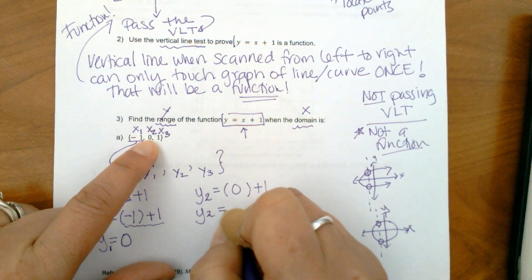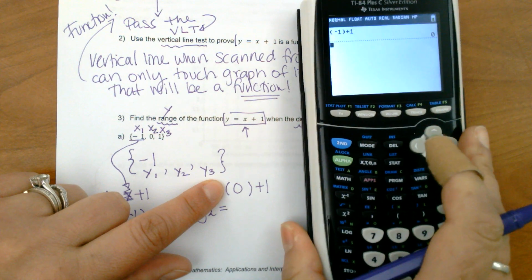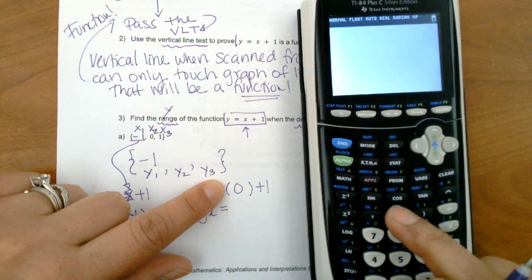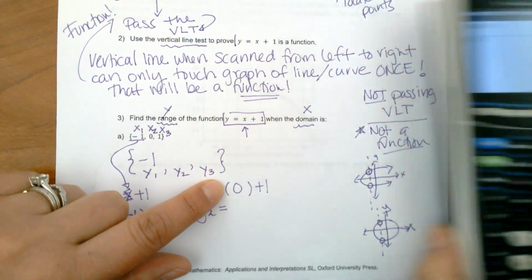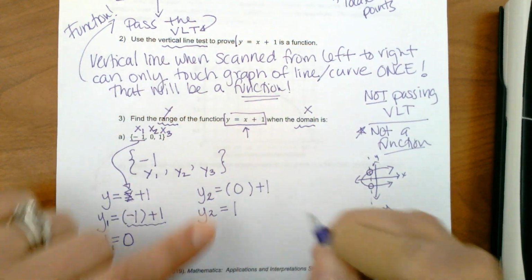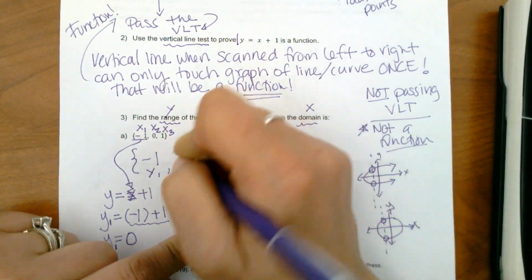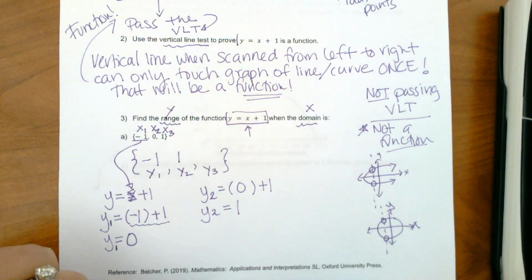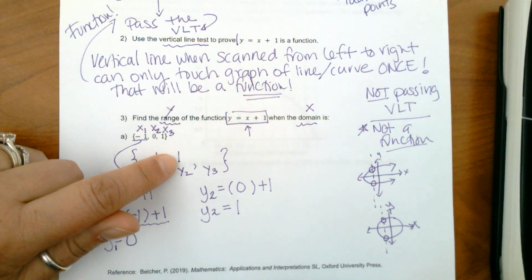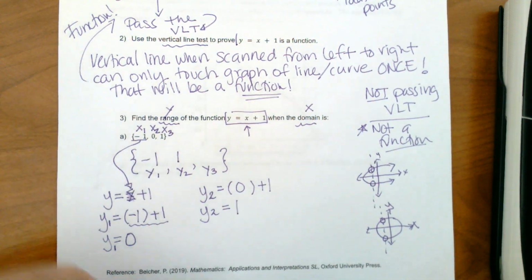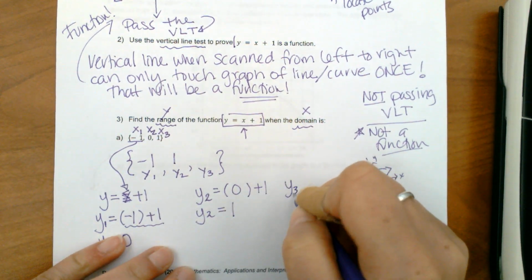So y2 equals, in my calculator, parentheses 0 plus 1, and I get 1. That is my second y. So if I put in 0, I get out 1. That's it. Now let's find our third y.